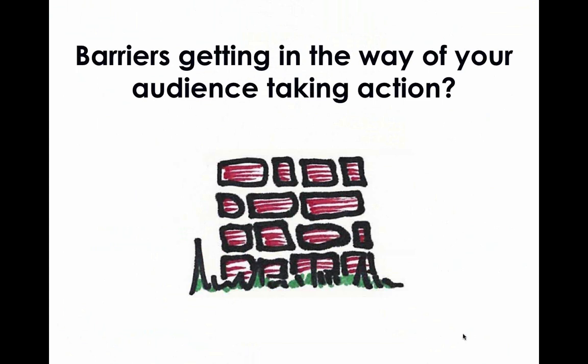These are all barriers that they need to overcome. So your job is to identify potential barriers and figure out creative ways to minimize them or provide incentives that make it worth it for your audience to take the action, even if it's inconvenient to them.